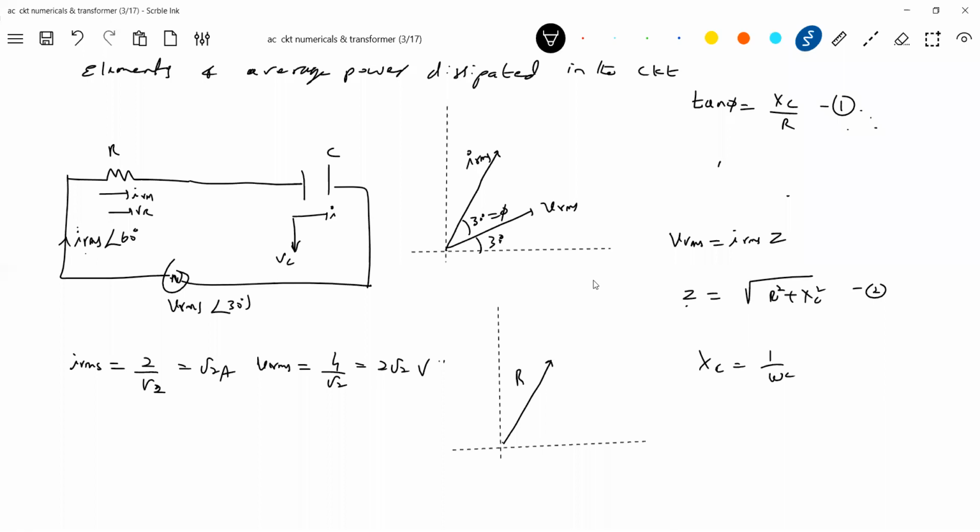I think here not zero phase, a 60 degree phase angle should be shown. So with respect to current, it should be 90 degrees. So here what will happen? XC will come here. Then when you shift this, the impedance will come in this way.